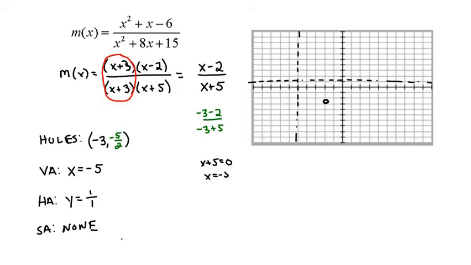Now here's where it gets a little weird. You can actually do either one on your graphing calculator. I would tell you always go back to the original, because the original is actually going to show the whole, and the one where you simplified will not show the whole.